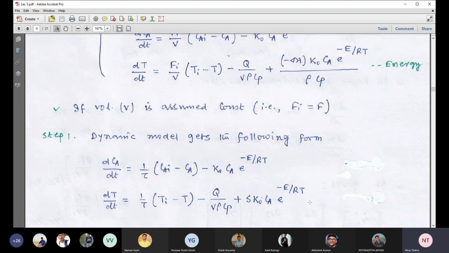And what is ACE? What is the expression for ACE? In the second equation, you see the last term, ACE is there.